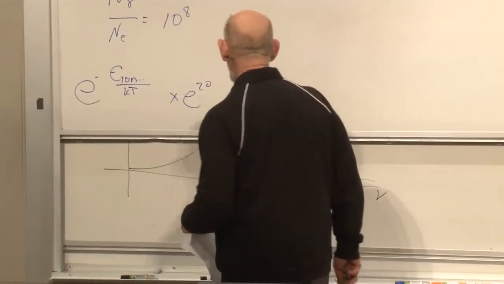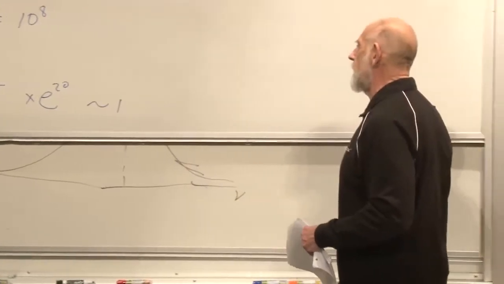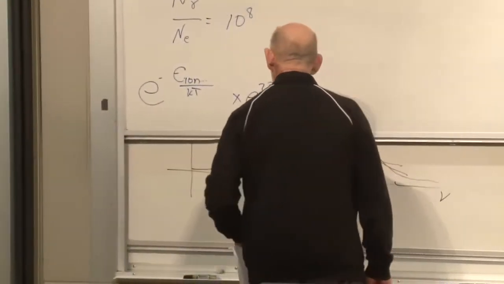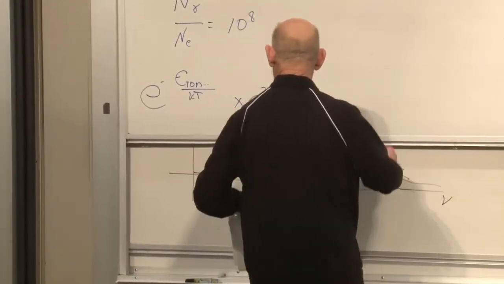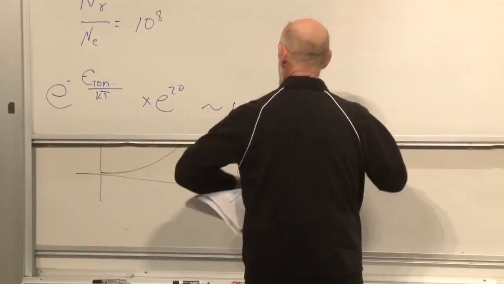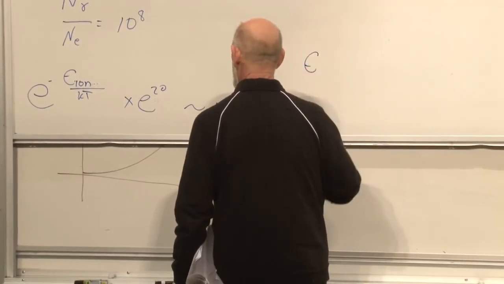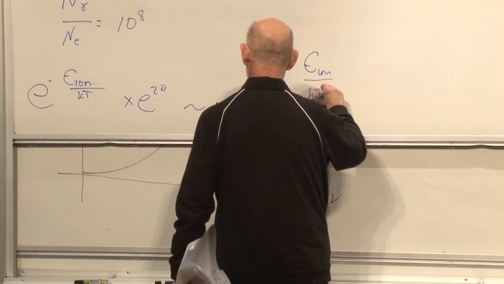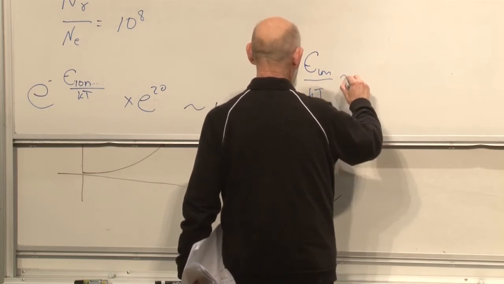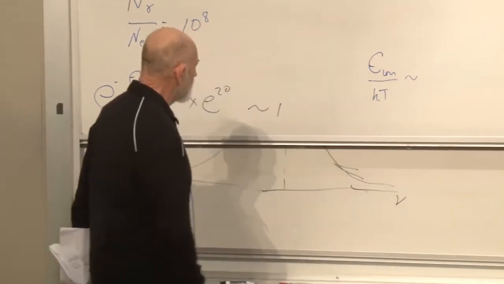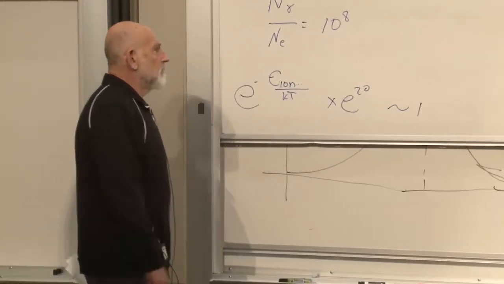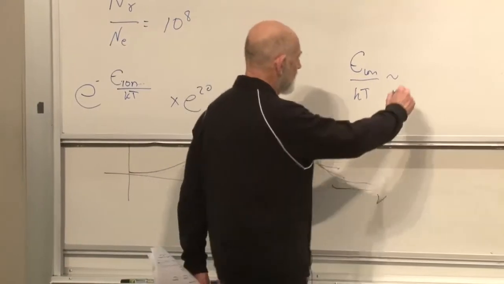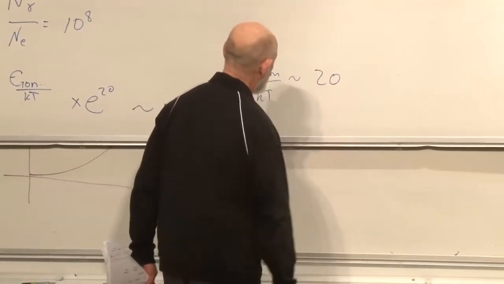All right, so we have e to the 20 times e to the minus ionization energy over kT should be of order 1. And we can write then that E ionization over kT should be bigger than or equal to about, what, 20? 20.